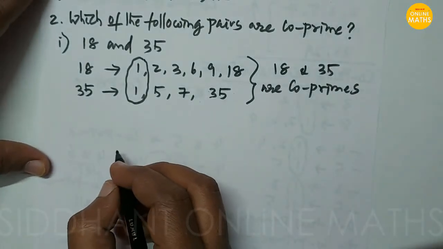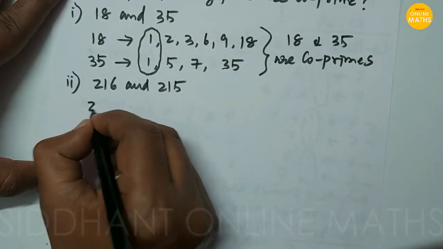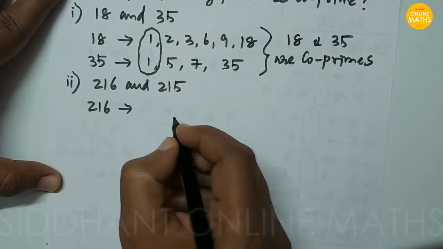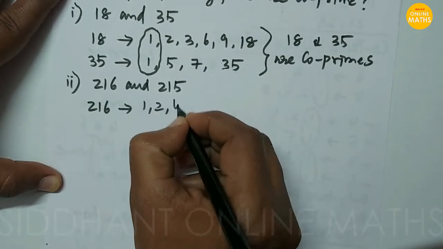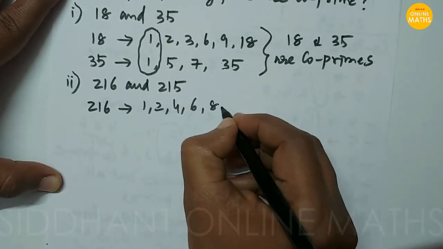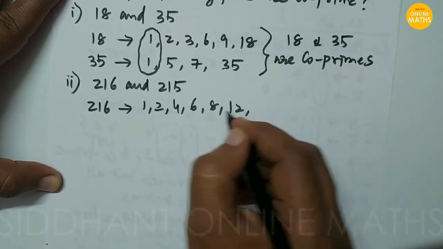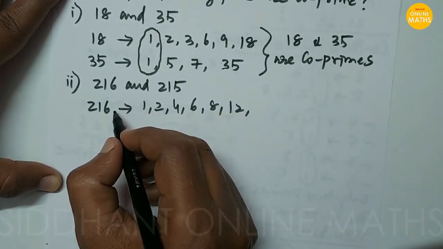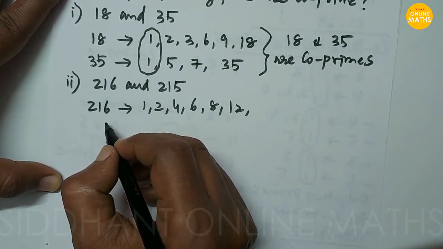Second pair: 216 and 215. For 216, we look at the factors: 1, 2, 4, 6, and it goes with 8 and 12. Check whether it is divisible by 2, 3, 4 or not.